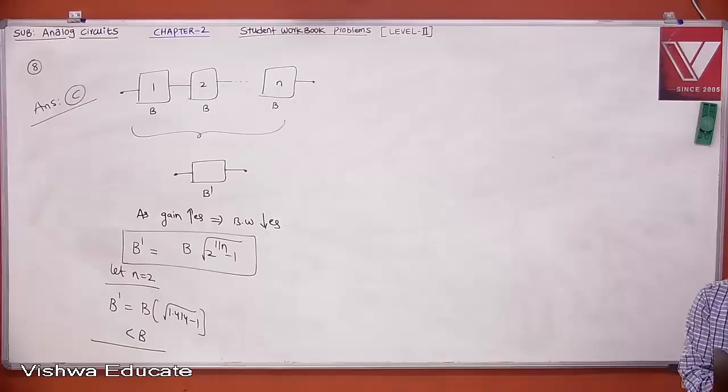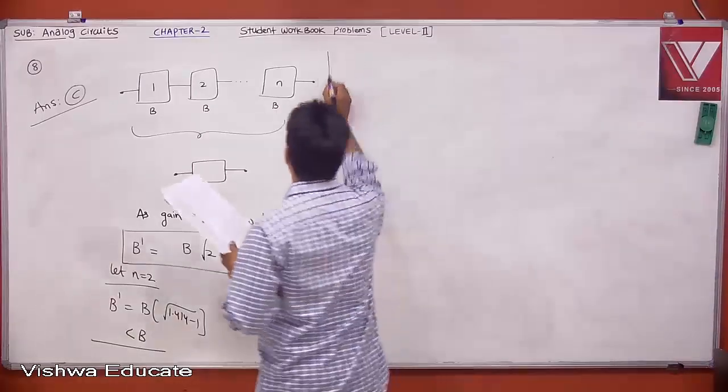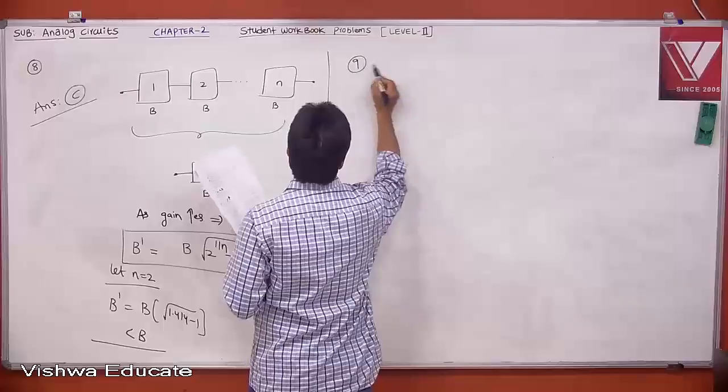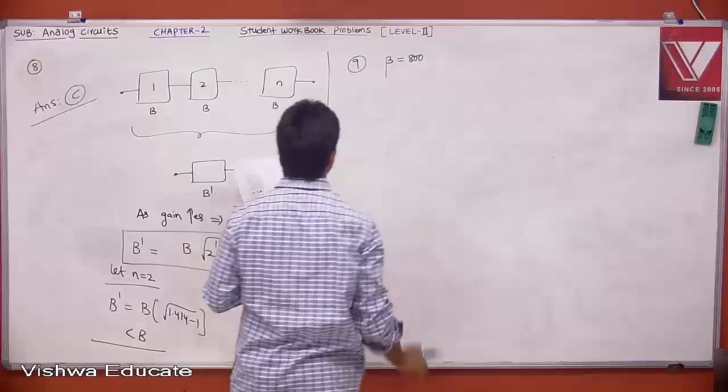Done. Write down problem number 9. For the amplifier circuit shown in the figure, the transistor has a beta of 800.